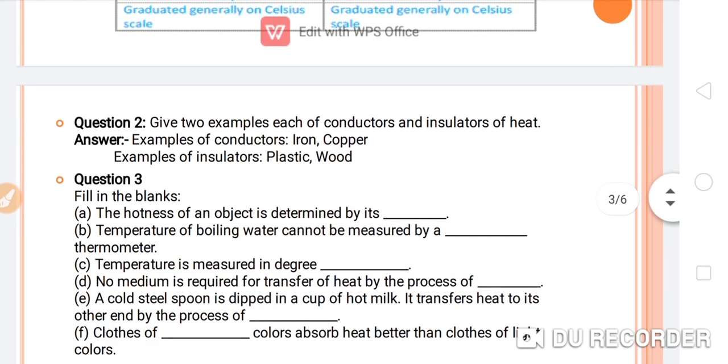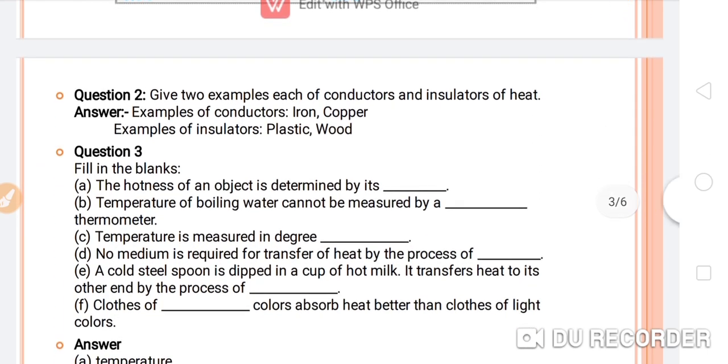Now question number 2. Give 2 examples each of conductors and insulators of heat. As we know, conductors are those substances which can conduct electricity or heat, and insulators are those substances which inhibit the conduction of electricity or heat. Examples of conductors: iron and copper are both good conductors of electricity or heat.